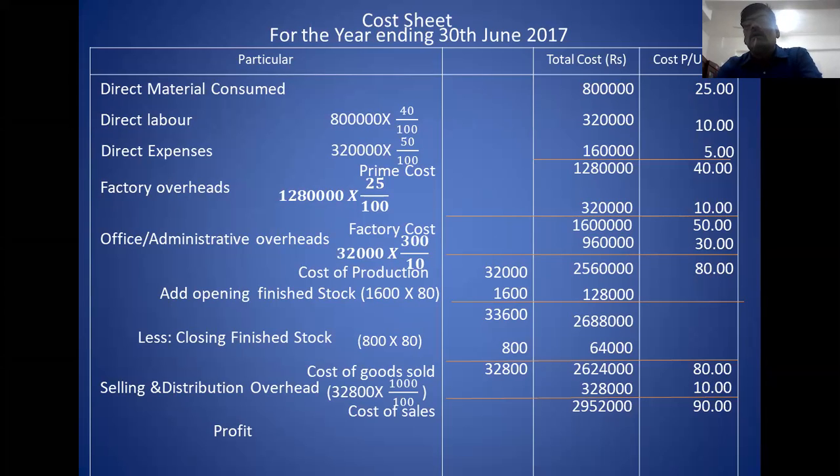Then whatever total cost of sale is given in the problem, for that amount we have to ascertain the profit. 29,52,000 is the cost of sale into 1/6 is the profit divided by 5/6. In simplification, it comes as 6/5.